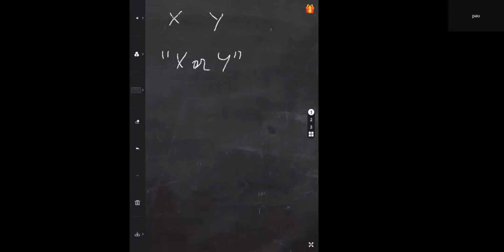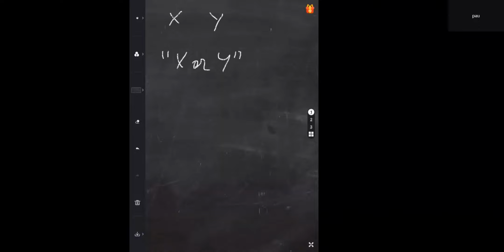Now that you know the meaning of the word. So how? Either X. At least one of them. Sorry, come again. Either X or Y is true. Okay, close. Yes. So this will be true if either X or Y is true or both.